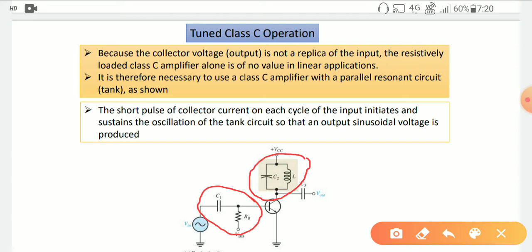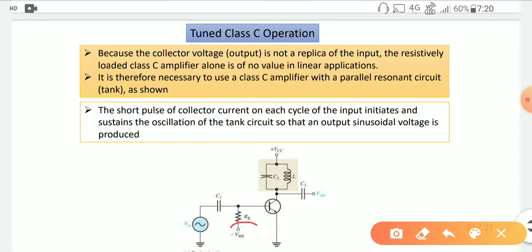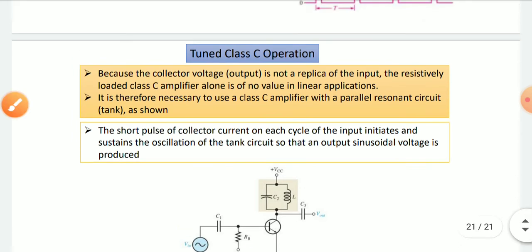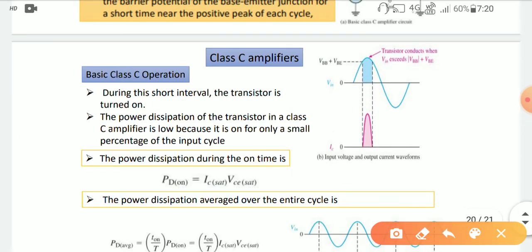Look at RB: its value is applied on one side as minus VBB.